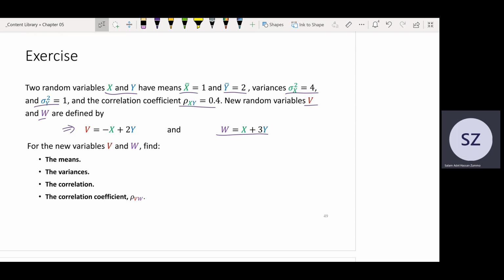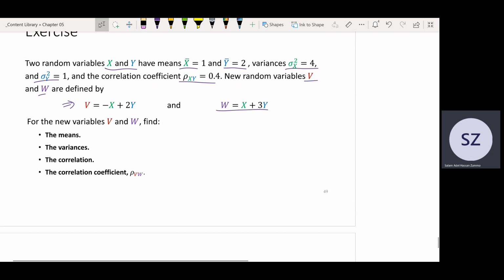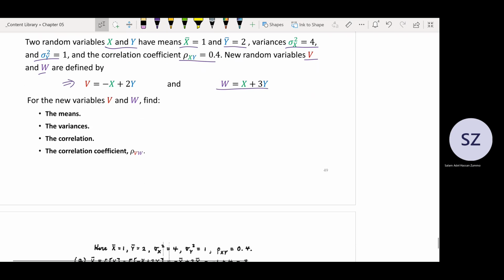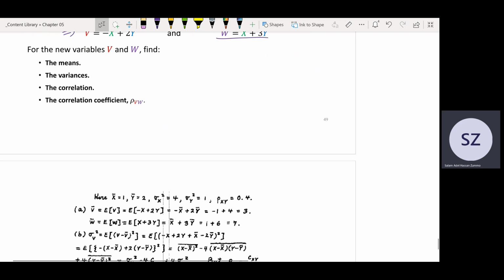Now, okay, so how did we do it? Let's see. Basically, we have the means and we have the variances. So I'm listing here all the given.